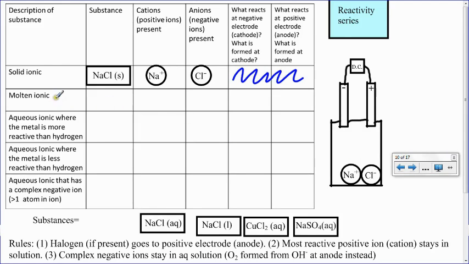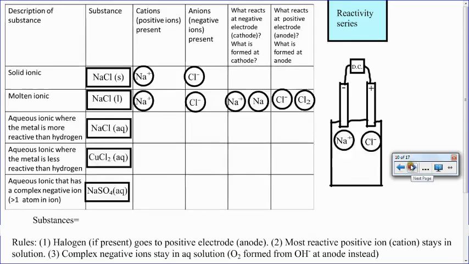Next we're looking for a molten ionic substance. Since these 3 are all aqueous, which means there's water present, this must be the molten one. It's a liquid sodium chloride. So we can say that the sodium chloride, only these ions are present, and this time the sodium is attracted towards the opposite negative charge on the electrode.